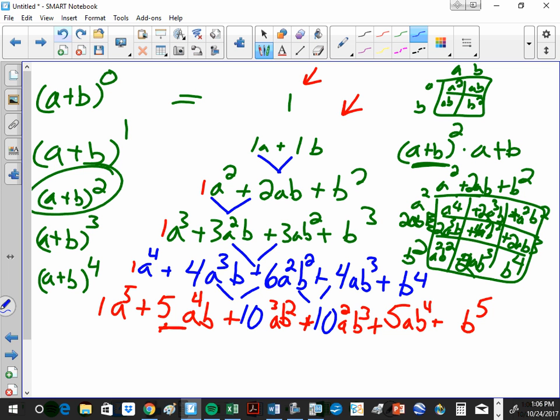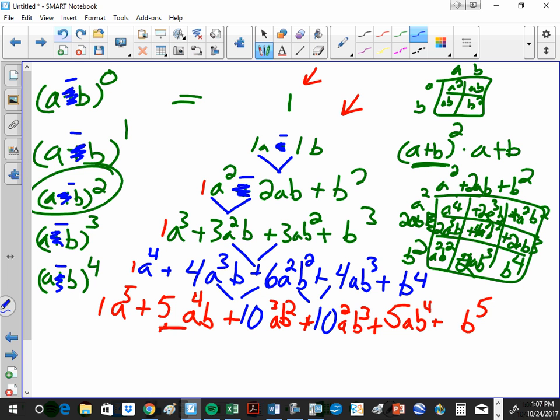Okay? But what if instead of plus b, it was minus b? Not all of them, right? It ends up being every other one is negative, because the first ones will always be positive. So this would change to a negative. And on the next row, it would be plus, minus, plus.